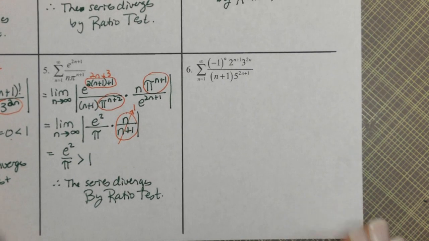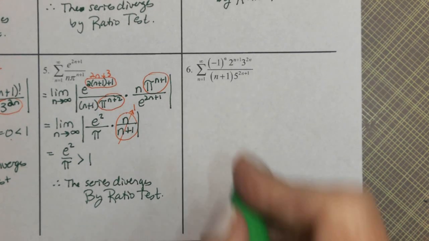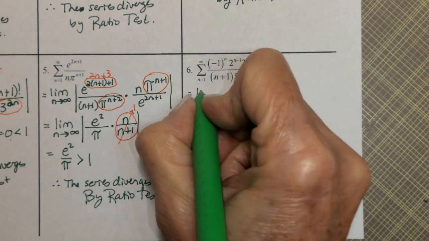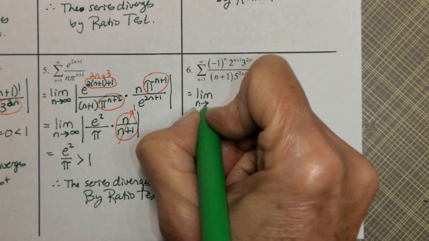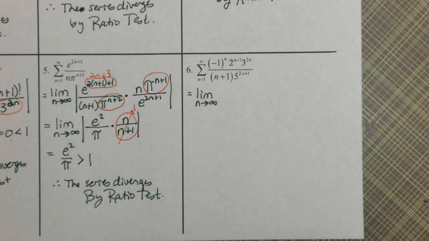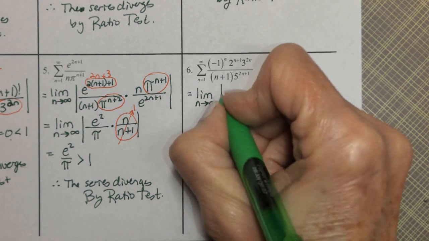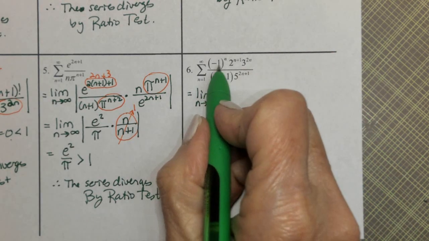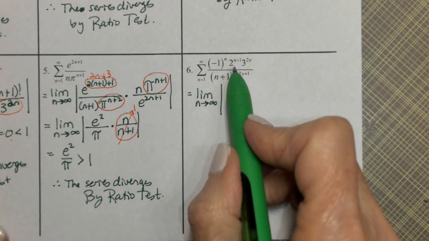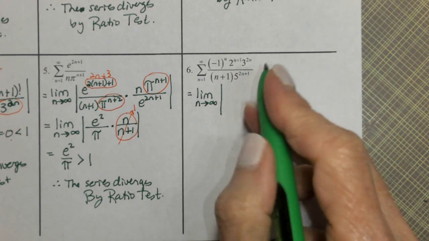Next up, a very complicated expression. So absolutely we're going to use the ratio test for this one. All right. Absolute value is going to take care of that negative 1. I can ignore that one. I'm going to replace every n with n plus 1.